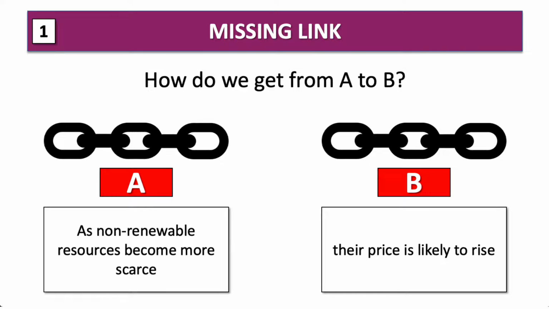There's three of them. The first one, how do we get from A to B? So how are you going to link these two together? So as non-renewable resources become more scarce, their price is likely to rise.